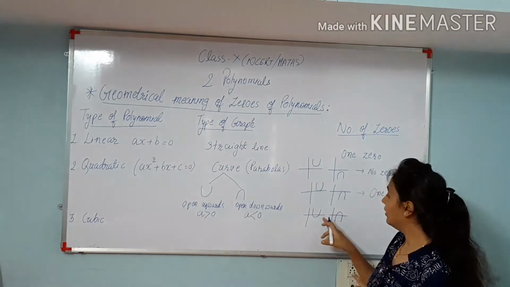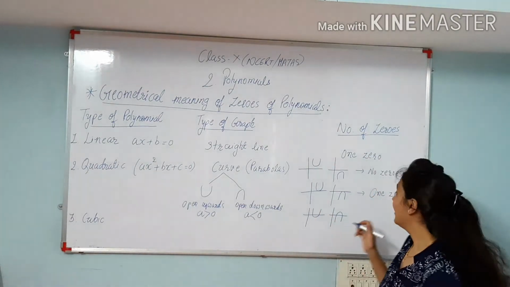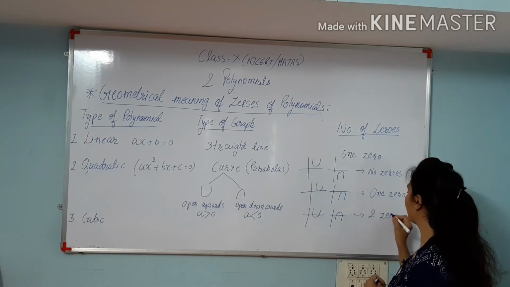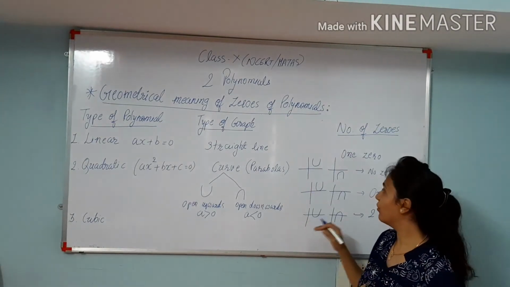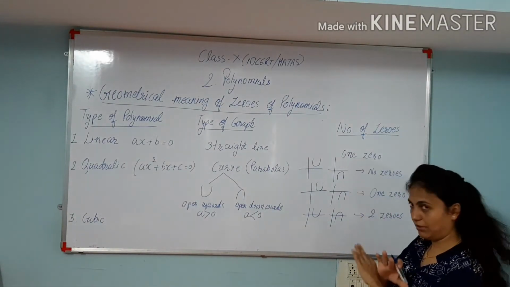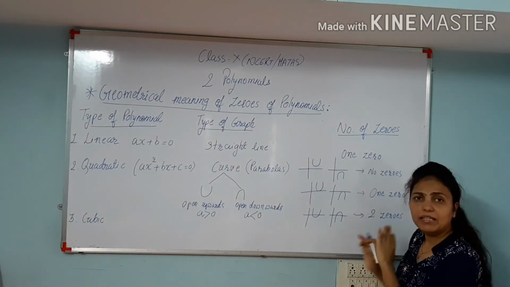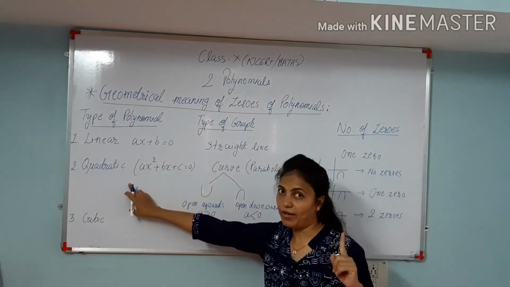Now the graph touches the x-axis at 2 points. That's why the number of zeros would be 2 zeros. Okay. So it is easy. The number of zeros would be 0, meaning no zero. It can be 1 zero or it can be 2, but it cannot be more than 2. Please remember, it is a quadratic equation.